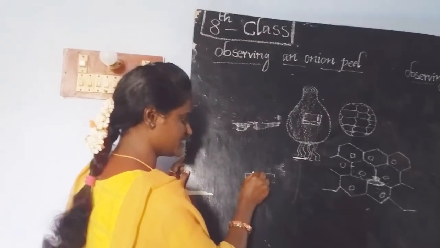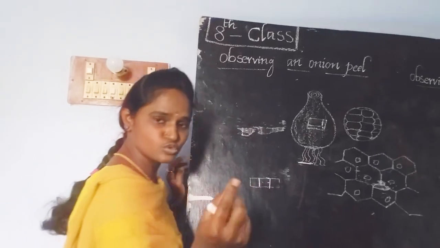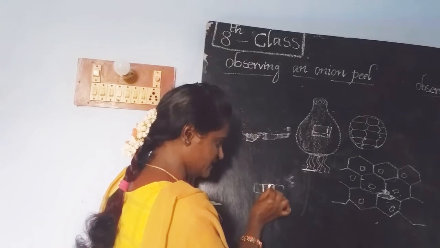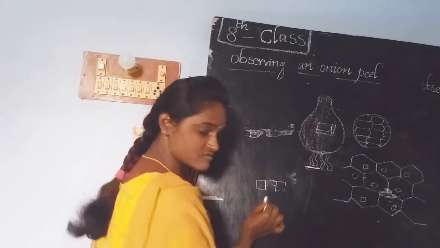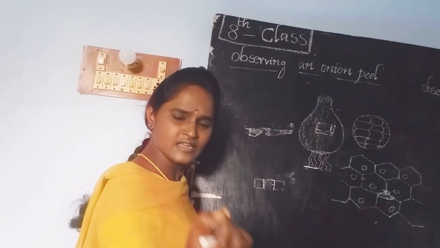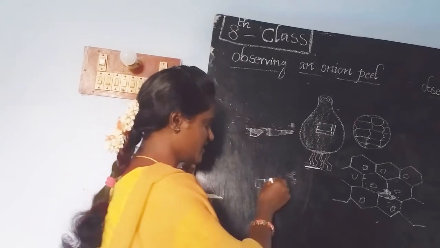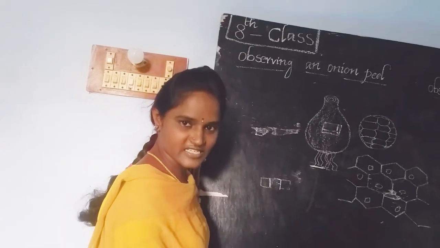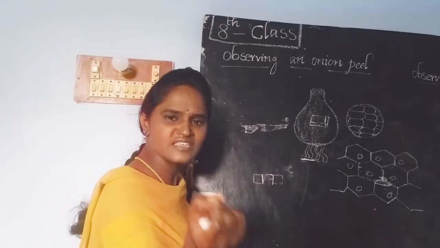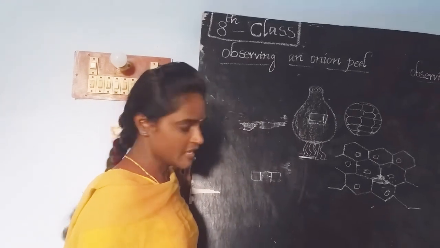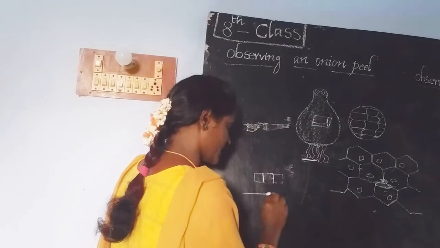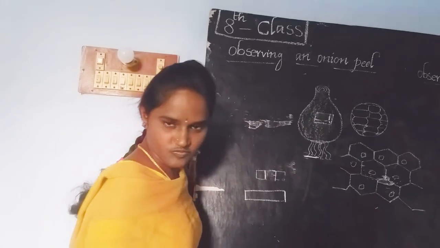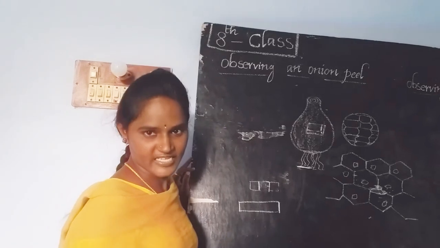While we are breaking a single piece into two pieces, we may find a transparent, translucent, very thin layer. Now we need to collect this translucent layer of onion, and try to spread the onion peel evenly, without any foldings.